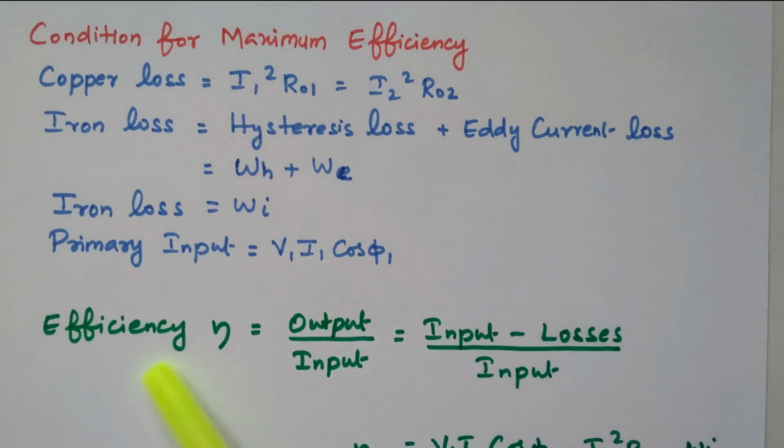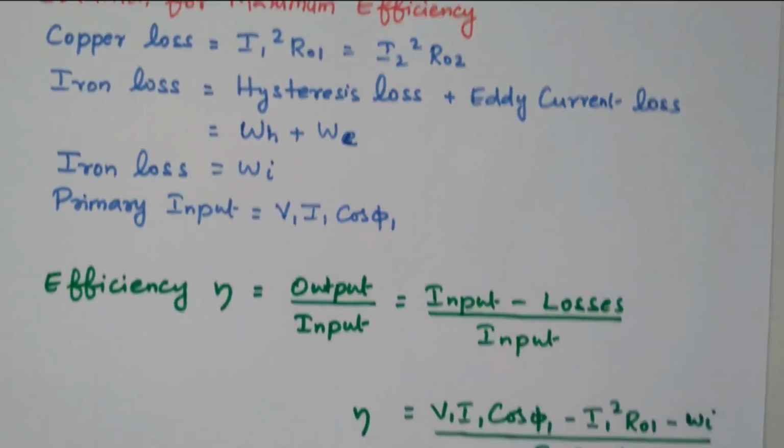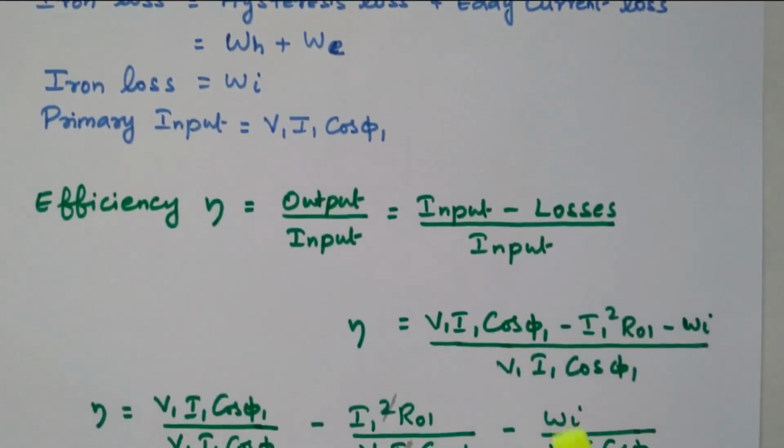We know that efficiency equals output by input, which can be expressed as input minus losses divided by input, because here input is available and losses are also available. So we can use this formula. Now we substitute the values. Input is V1 I1 cos phi1, minus the copper loss I1 square R01, minus iron loss Wi, divided by the input V1 I1 cos phi1.